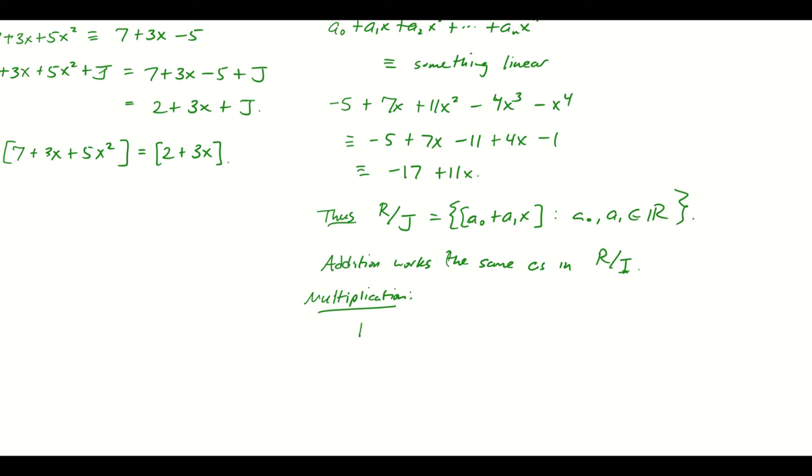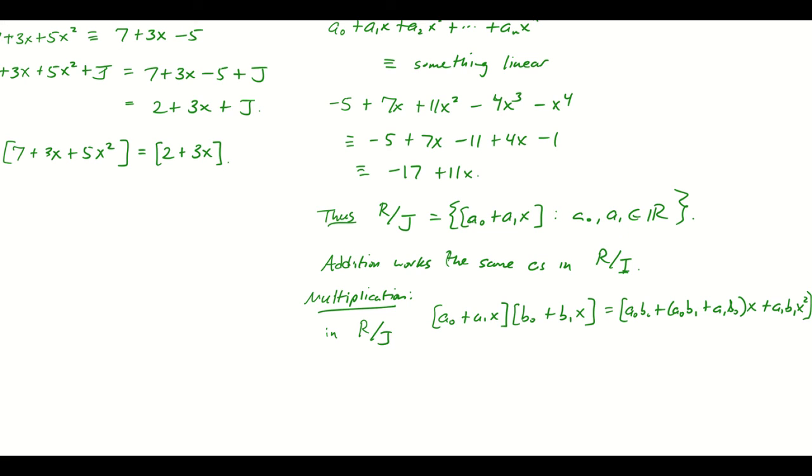So multiplication in R mod J works like this. If I have a0 plus a1x and multiply by b0 plus b1x, well, at first blush, that's going to give me a0 b0 plus (a0 b1 plus a1 b0)x. I'm just starting out the same way because the beginning works pretty much the same way. And I've got a1 b1 x squared.